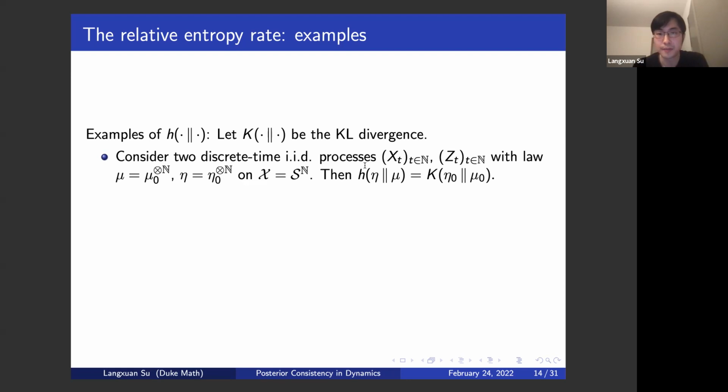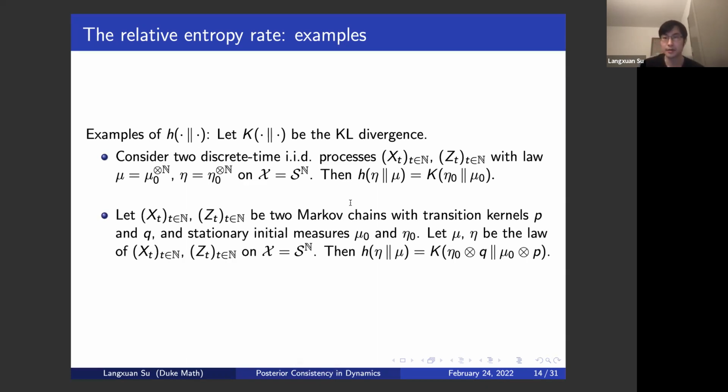If you consider this divergence term of eta with respect to mu, which is the divergence on path space, then it boils down to the KL divergence of eta 0 and mu 0. So it's the underlying measure on one state space, just on S.